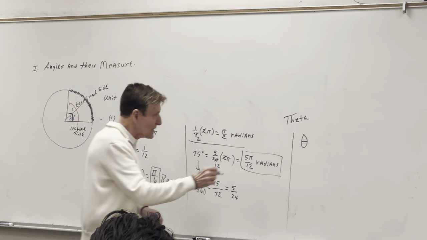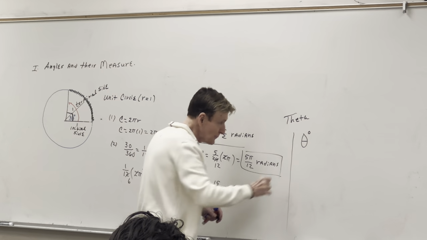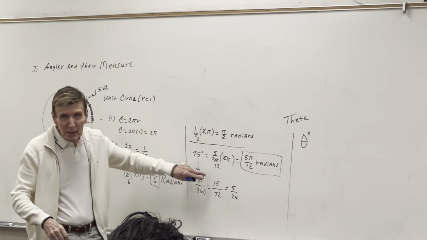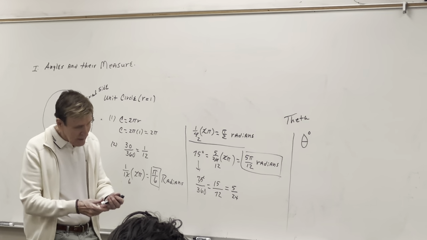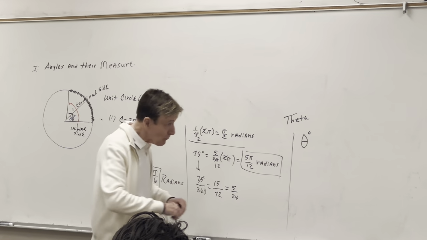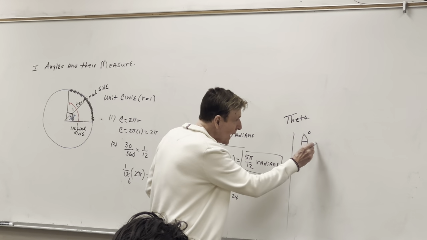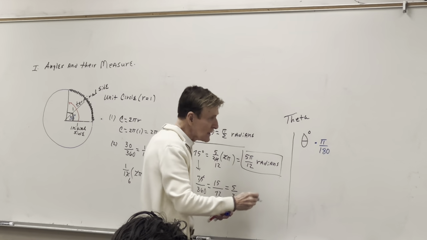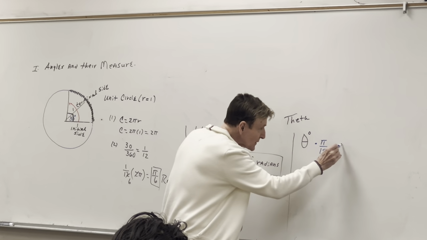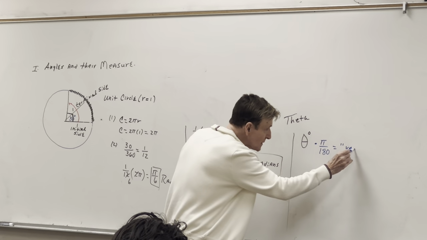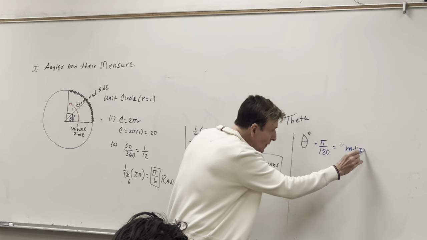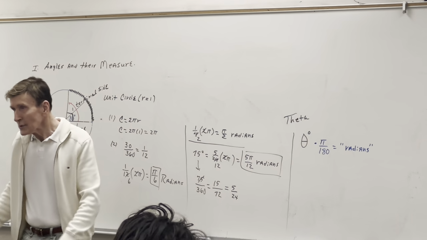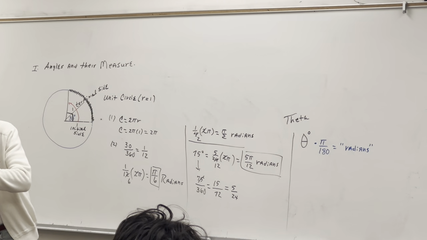If theta is in degrees, put the degree mark, and you want to quickly convert it into radians, not go through all this business, even though this is the meaning, just multiply that number, degrees, by this constant. And that will quickly change this into radians, without you going through all that I went through on the first couple of examples.